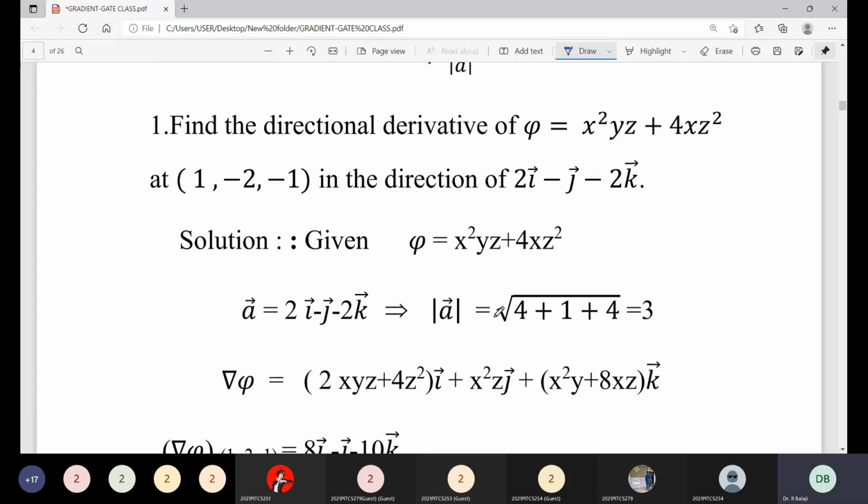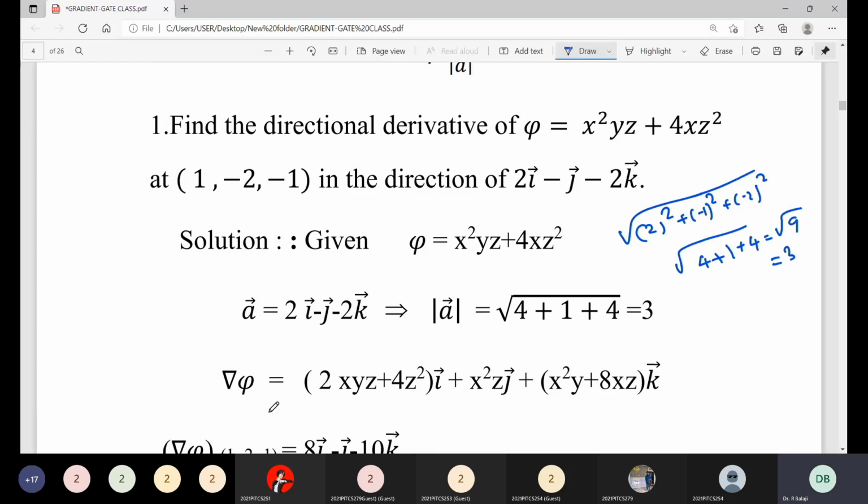Modulus of a vector is nothing but square root of 2 square plus minus 1 whole square plus minus 2 whole square, which is square root of 4 plus 1 plus 4, which is root 9, 3. Now, del phi.